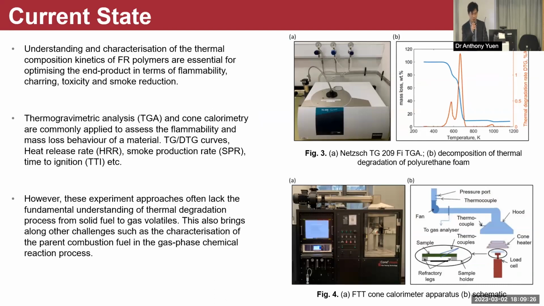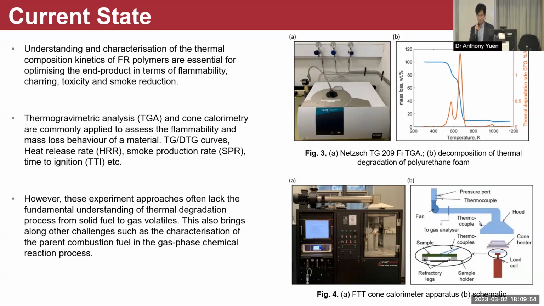In terms of experiments, you may already know it is convenient to use the TGA, or thermogravimetric analyzer, coupled with an FTIR system to reveal the thermal degradation rate. As you can see on the right-hand curve, FTIR further assists with spectrometry to look into the gas as well.